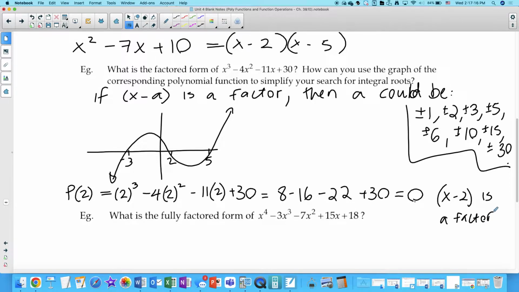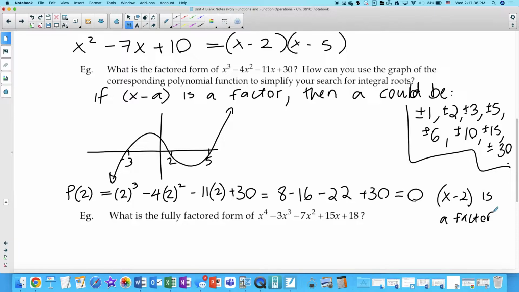Now, where we would go with that is we'll say, okay, if we take out the x minus 2, what's left? That's like when I prime factorize 100 and I split it into 2 times 50. Well, 2 is a prime factor, but now I have to work with the 50 and break that apart.